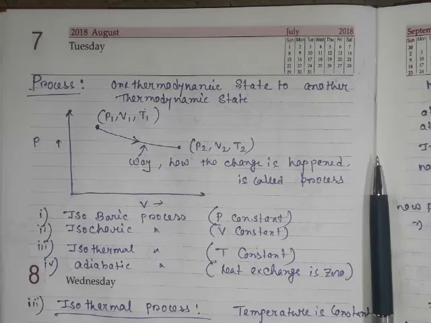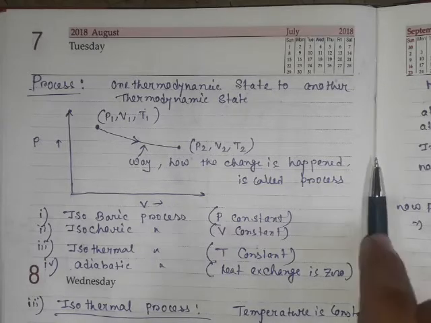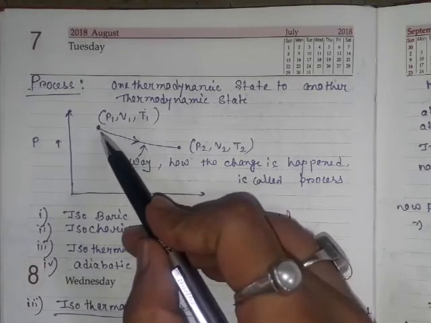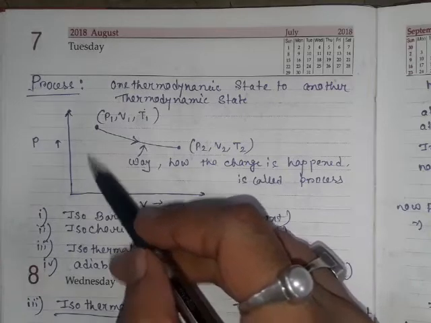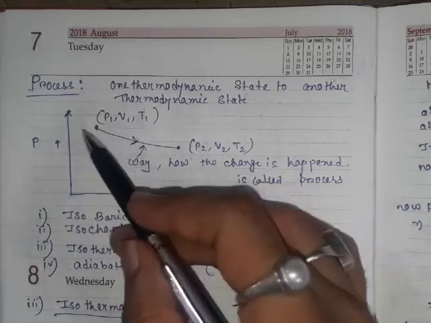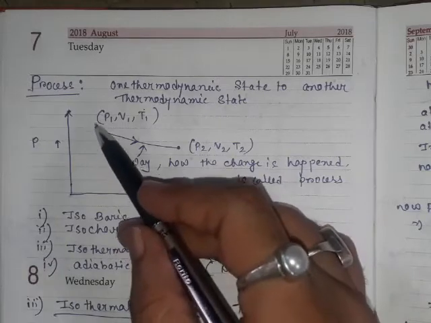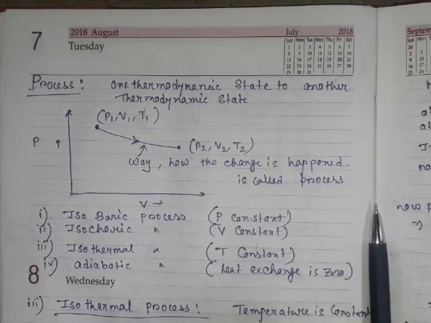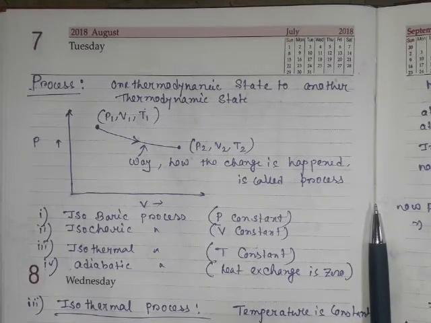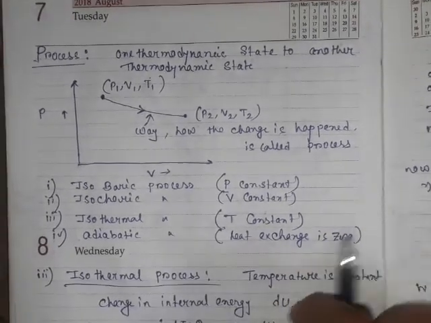There is another process called cyclic process, where the final equilibrium state and the initial equilibrium state are the same. That means the system starts from here, and after traveling lots of distance over this PV graph, it returns back to the initial equilibrium state, and this type of process is called cyclic process.